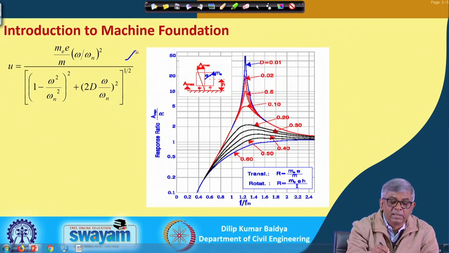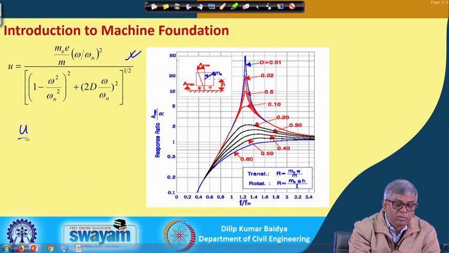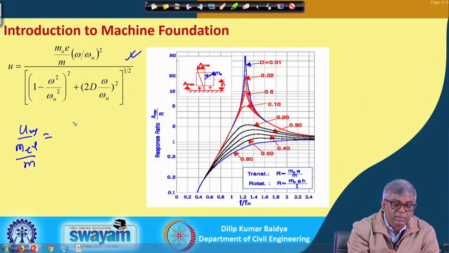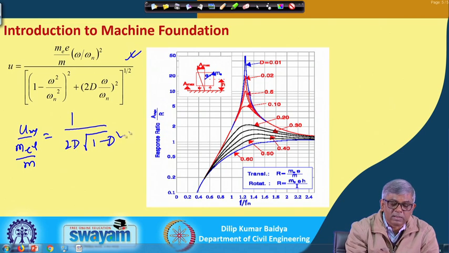If I maximize, then we will see that u over ME over E, or u max, will be simply 1 over 2 d under root 1 minus d square.